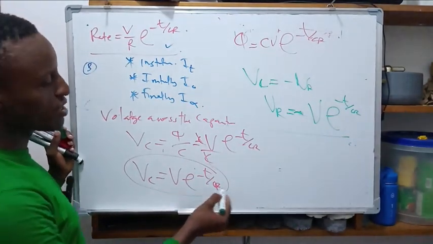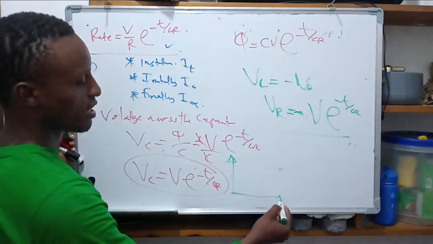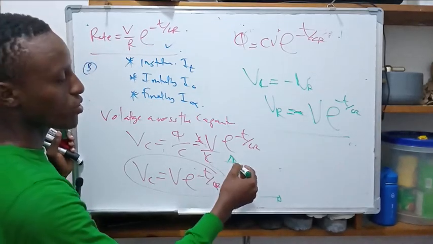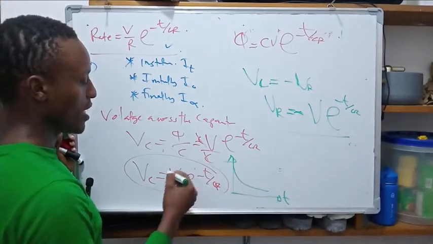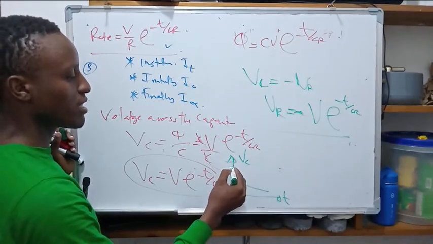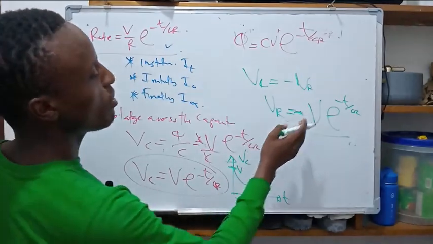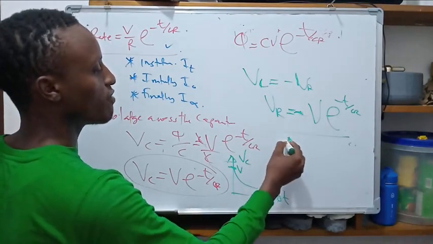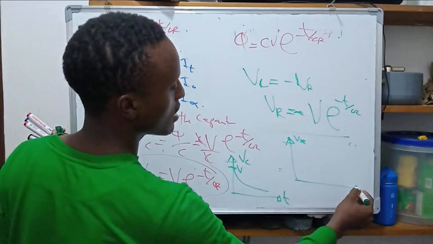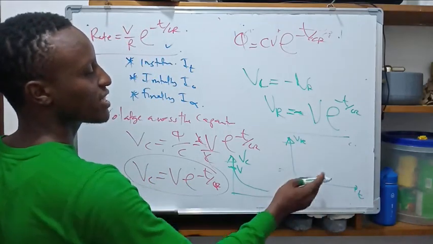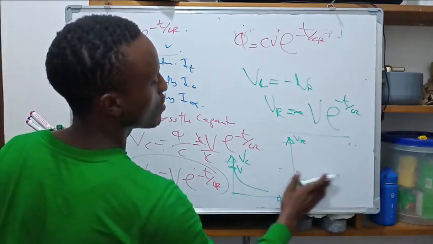The nature of this is a negative exponential, with time on one axis and voltage across the capacitor on the other, where the final was the initial voltage V. For VR, because it is negative, you reverse the graph.